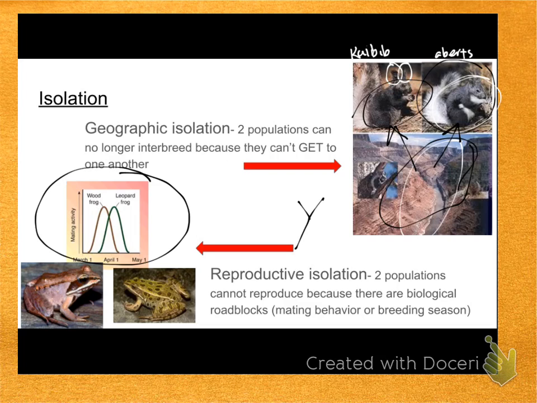If, for instance, the mating dance that one particular bird does scares the bejabbers out of another kind of bird, they're not going to mate together. If they mate at different times, and this is the graph that you drew, the wood frogs mate early, the leopard frogs mate late. They're probably not going to reproduce together. Their mating cycles are off.